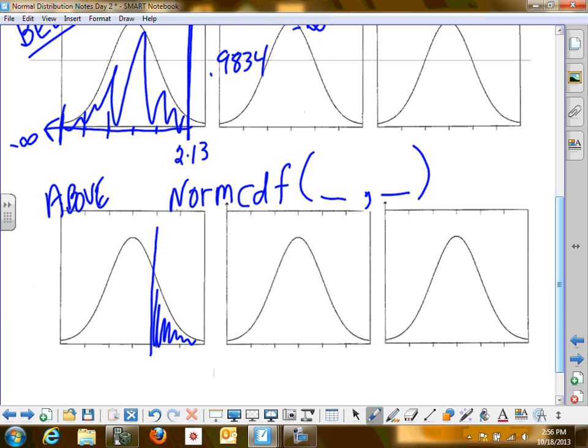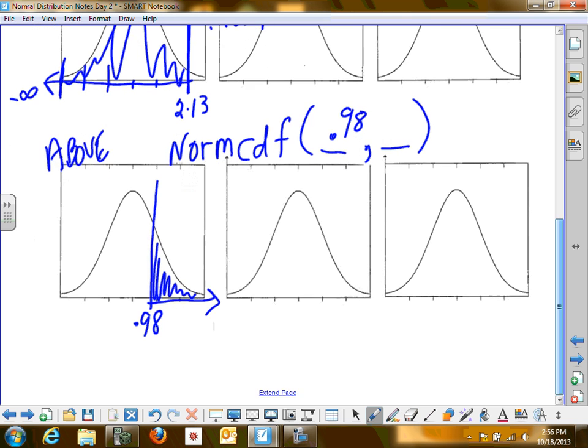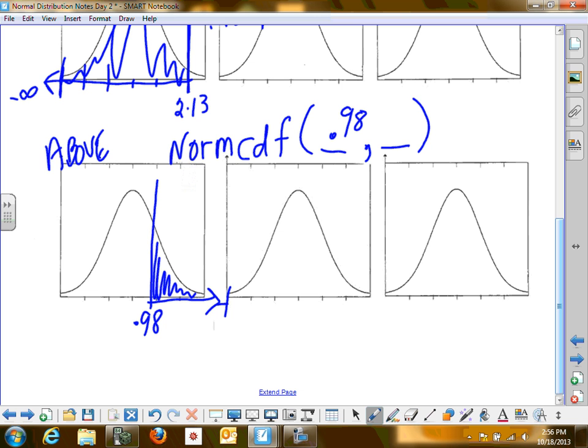What's the lowest z-score in my area? 0.98 is the lower bound. What is the upper bound if I'm going up? Positive infinity. And how do I simulate positive infinity? 99 z-scores out there. And that gives you your answer.